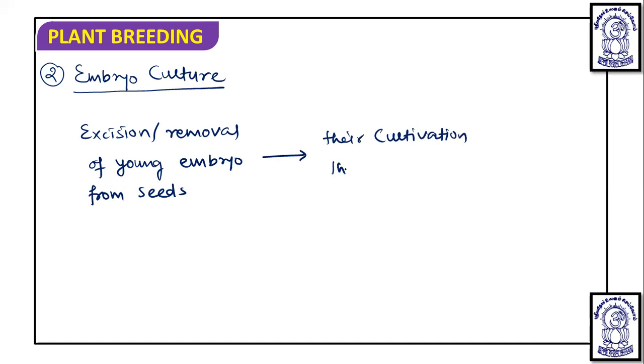So it is the excision or removal of young embryos from the seeds and their cultivation through tissue culture.